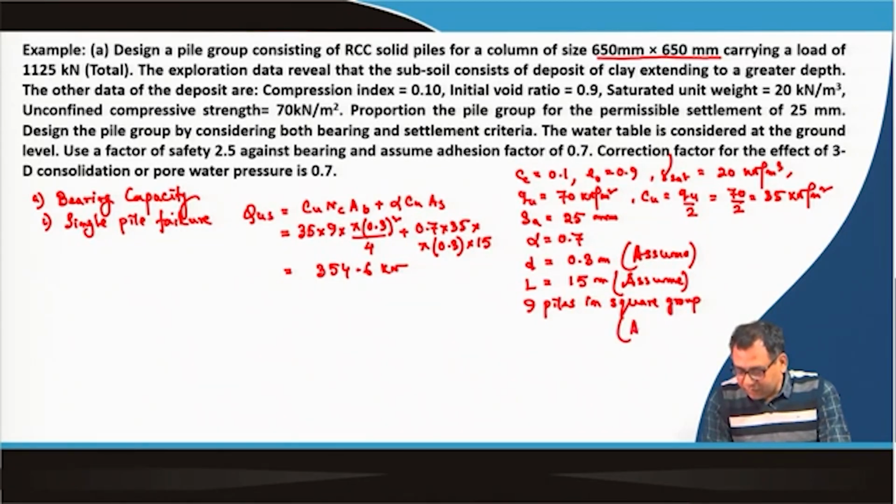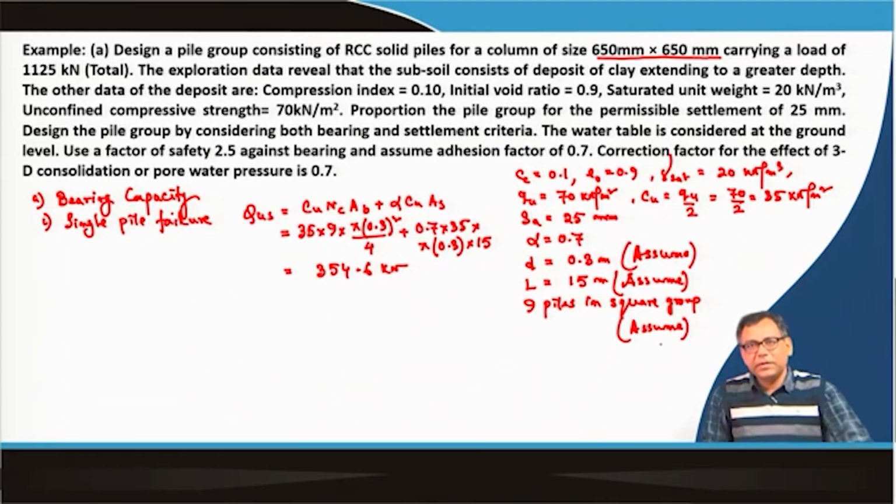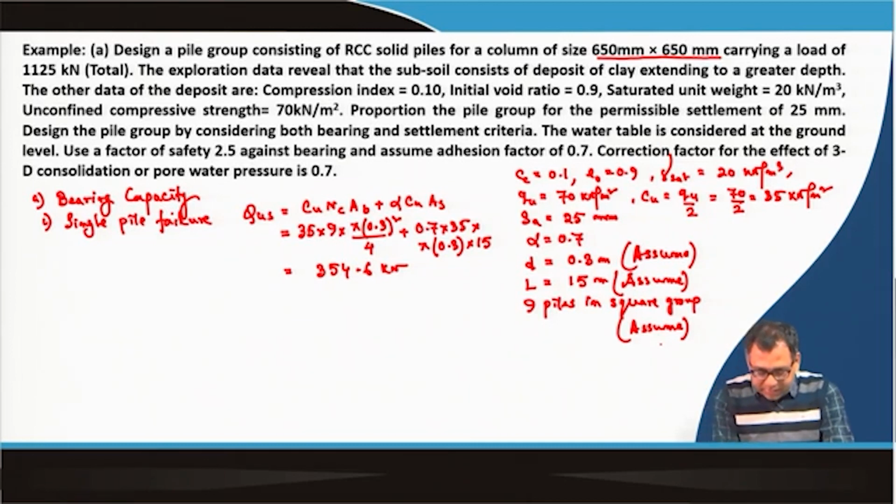That is also an assumption for the first trial. So the number of piles also you have to assume for the first trial. Then we will check whether that assumption is correct or not. If it is not correct, then you have to redesign this. So the 9 piles we assume are in a square pattern.